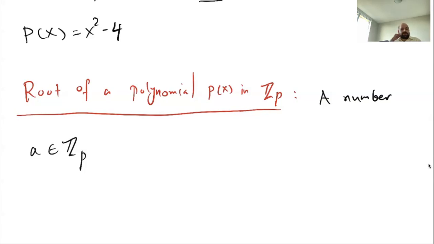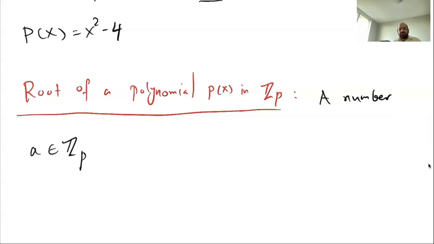Normally in high school, when you say polynomial, your universe is real numbers. You can choose any real number as coefficients or as the inputs of X. But when we say a polynomial in Zp, we have changed our universe. Our universe is now only the set consisting of 0, 1 to p minus 1. So for the coefficients and for the values of x, we are not allowed to choose any real number anymore.